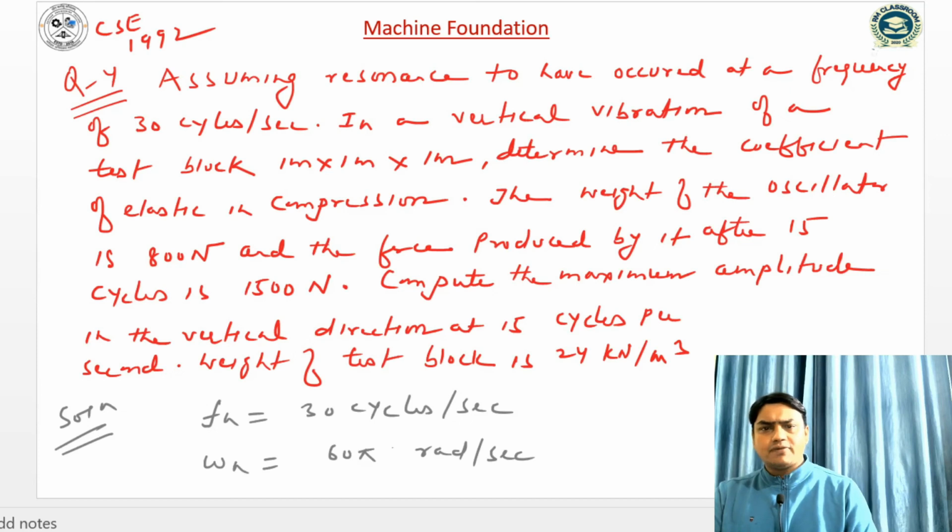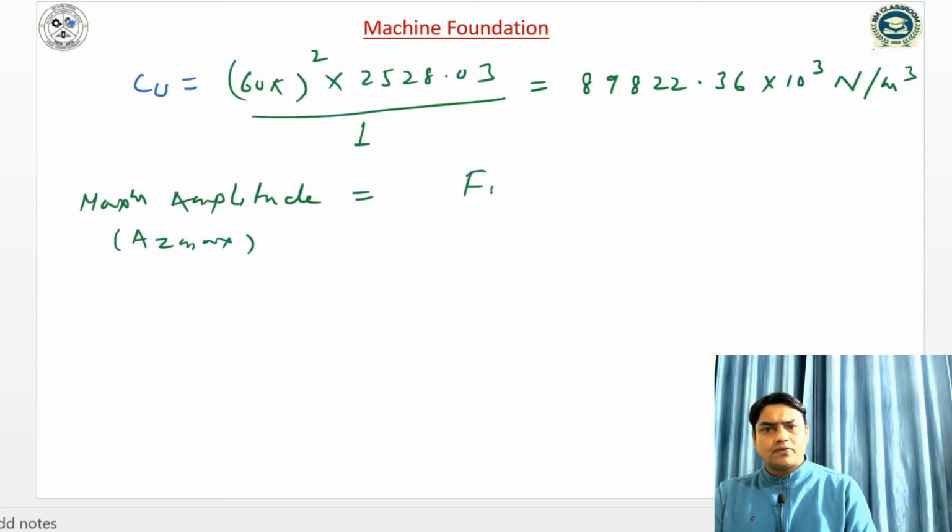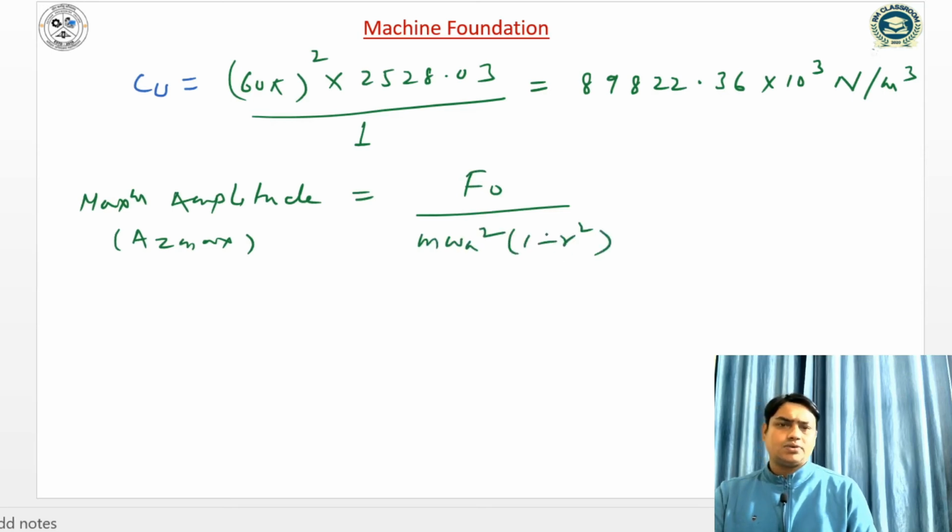Similarly, in the second part, we have to find the maximum amplitude in the vertical direction. So maximum amplitude Az max is equal to F naught divided by M omega n square into 1 minus R square.